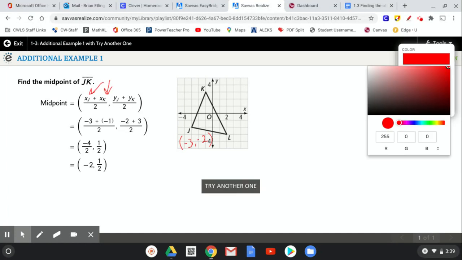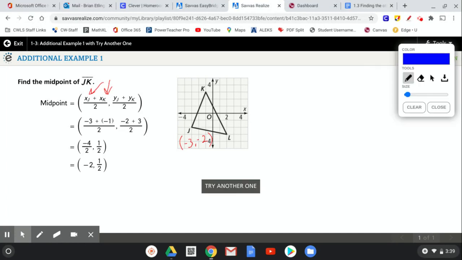Our coordinate for K: we're going in the negative direction on the x-axis, so it's going to be -1, and then we are going up 1, 2, 3, so it is going to be -1, 3. So that's where we're getting those from.